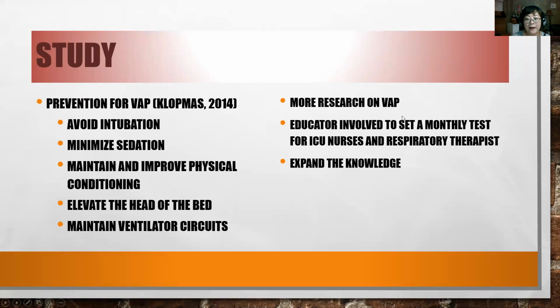More research on VAP was done. An educator, my preceptor, and I involved the educator to set up monthly tests for ICU nurses and respiratory therapists to expand our knowledge, which should be coming in a few months.